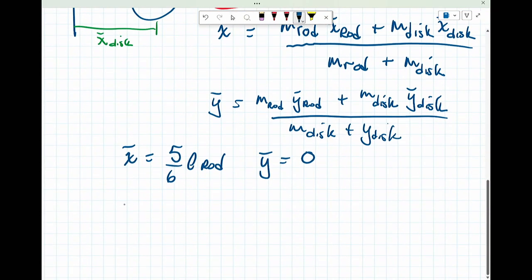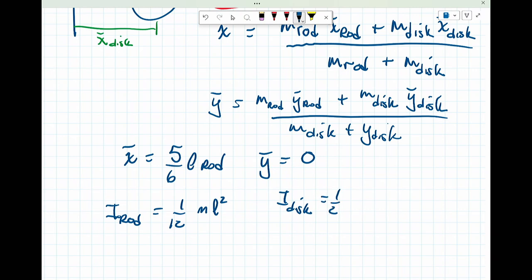But in addition, you should, at this point, absolutely know that for a long slender rod, it's 1/12 ml squared. For a disk, it's 1/2 mr squared.